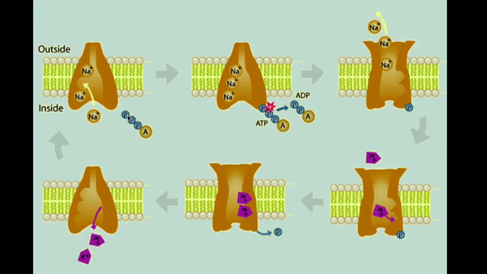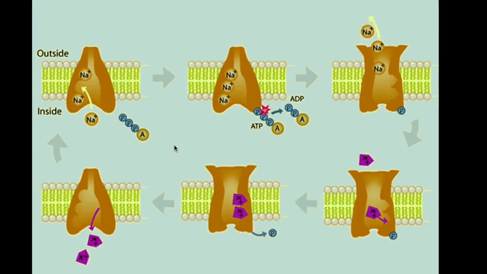It is going to break off one of these phosphates here, which we should note is through hydrolysis. Recall from earlier in the year, hydrolysis, hydro meaning water, lysis meaning to cut. It literally means to cut by way of water. So this ATP is hydrolyzed and allows for the phosphate from this ATP group here to attach to the pump.